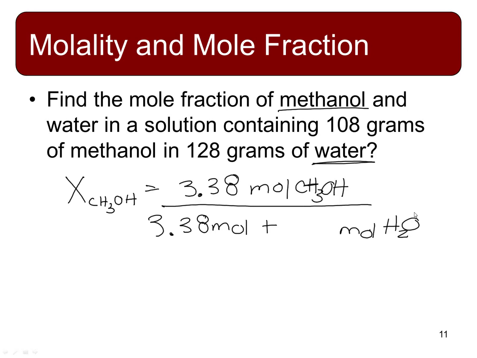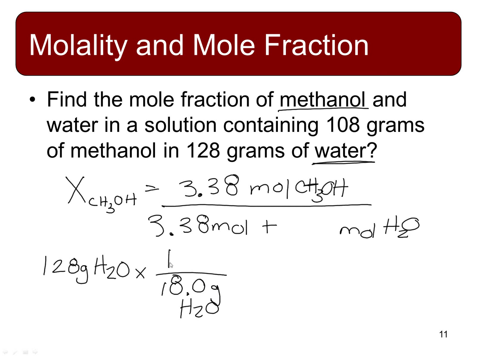So if we look here, we've got 128 grams of water. Water has a molar mass of about 18. Oxygen is 16, and each hydrogen is 1. So the grams cancel, and we're left with moles.